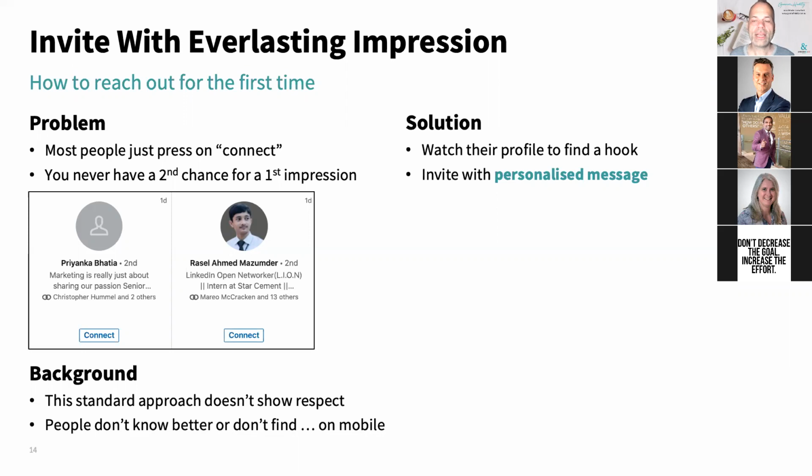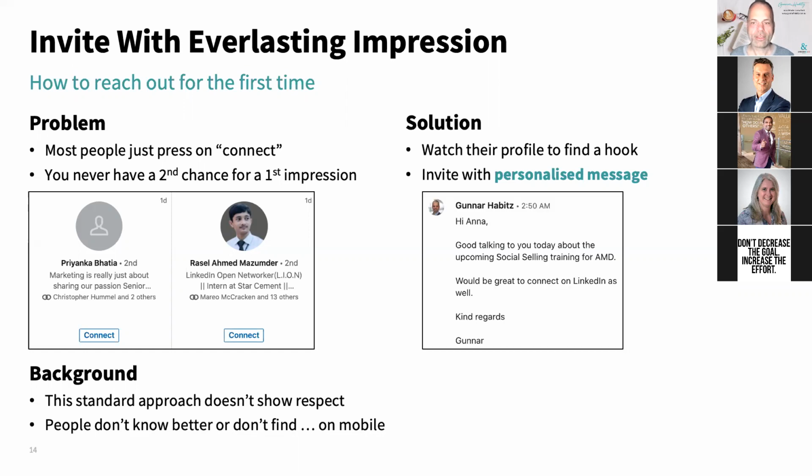So what I do is try to watch a profile to find a hook and invite with a personalized message. That's the best way, because then I have something there. And this message stays between us. When I'm searching for people on whatever activity I'm looking for, I can filter and search for content in the messages.